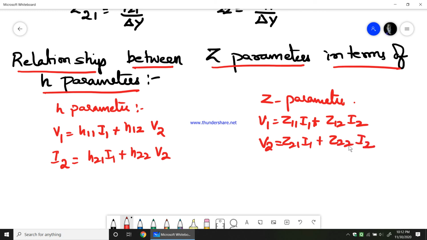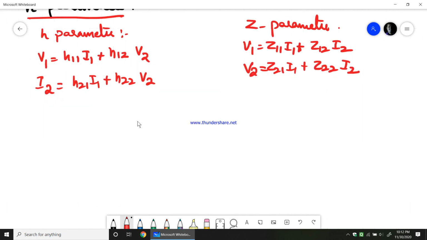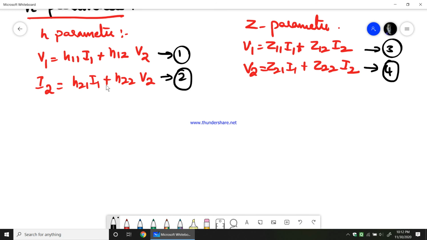Now, these H parameter equations, we need to try to do some jumbling with them so that we will be able to compare them with the Z parameter equations. I'll number the equations 1, 2, 3 and 4. If I take expression 2 and take I1 to the left hand side and keep V2 on the right hand side, I can easily compare with the fourth equation and find Z21 and Z22 in terms of H parameters.